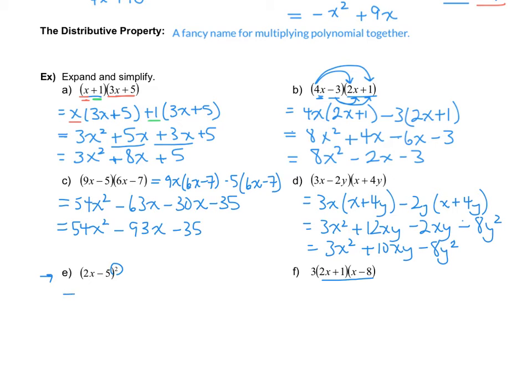Now, with this question, for part E, that exponent 2 really just means that 2x minus 5 is going to multiply itself. So when you see that exponent 2, you're going to be nice and write that out twice. You're going to get the 2x multiplying the 2x minus 5, and then the -5 has to multiply the 2x minus 5.